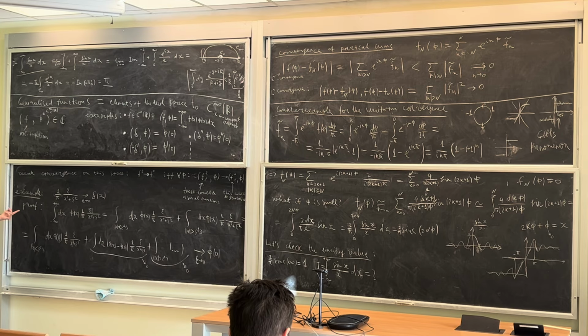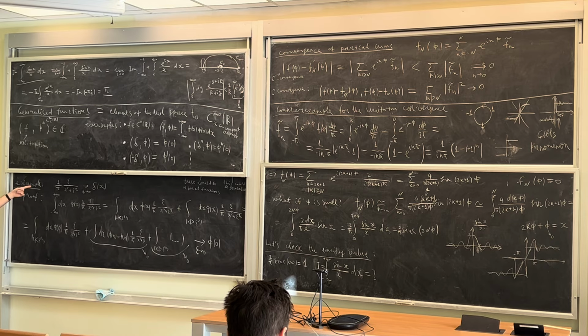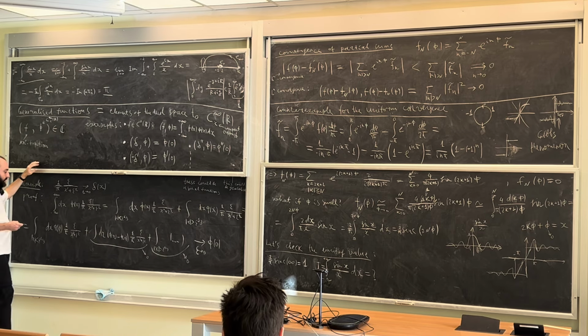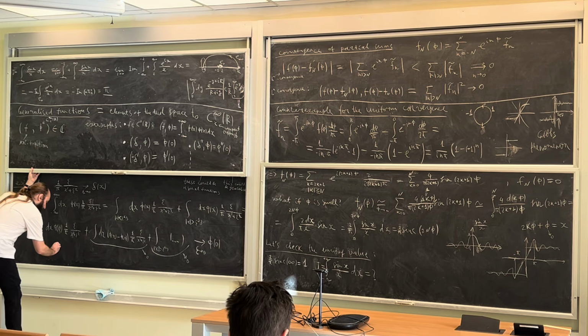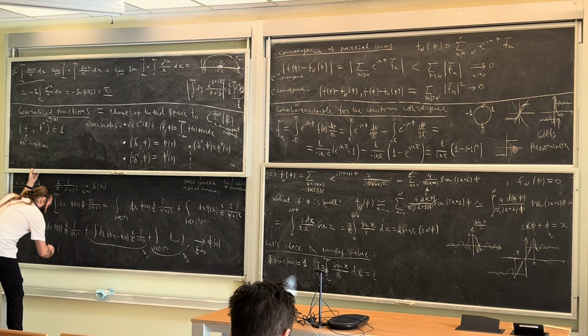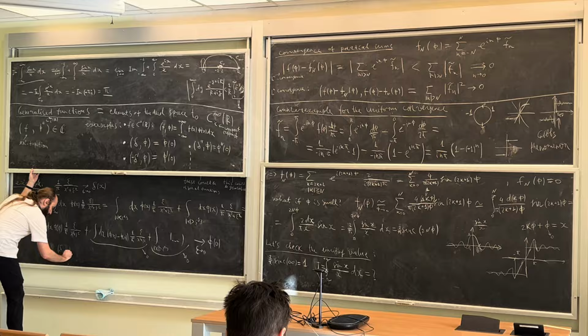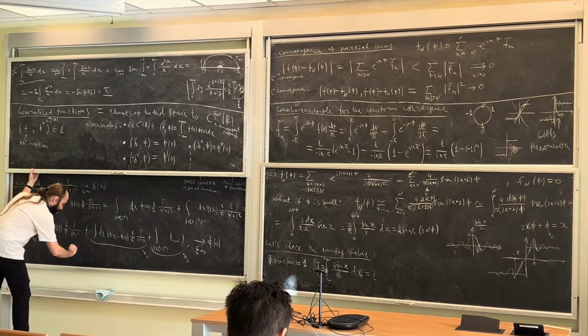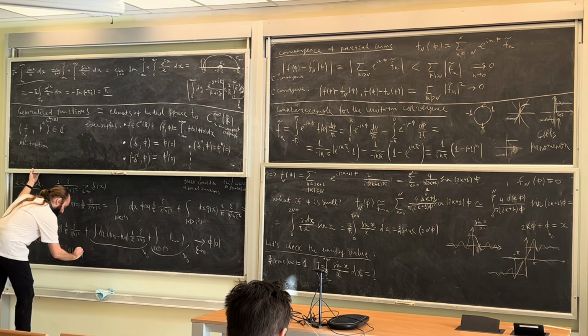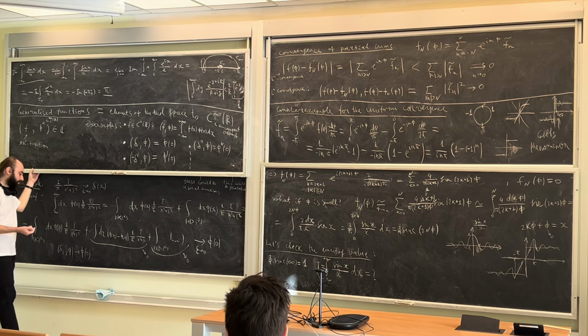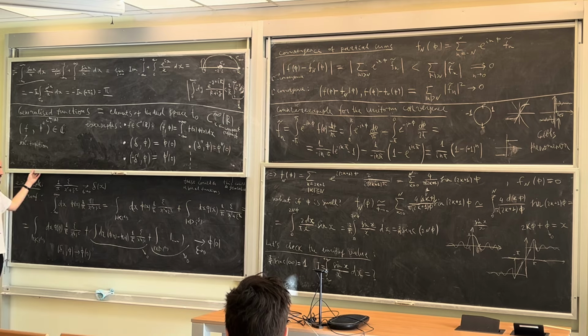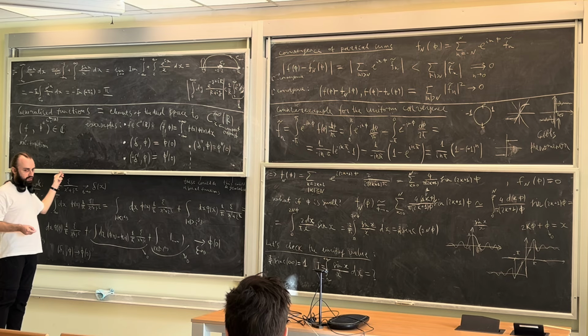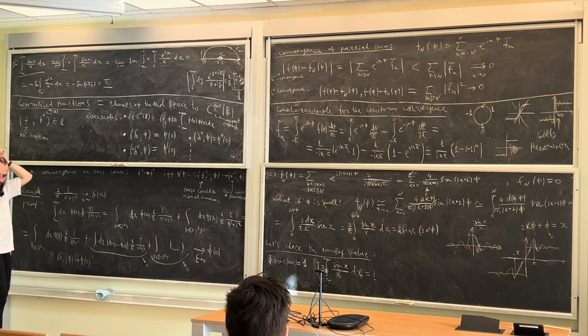So this way we can check that the limit of the pairing of this delta-like sequence with any function phi is indeed phi of 0. Therefore, this delta sequence actually converges to a delta function.